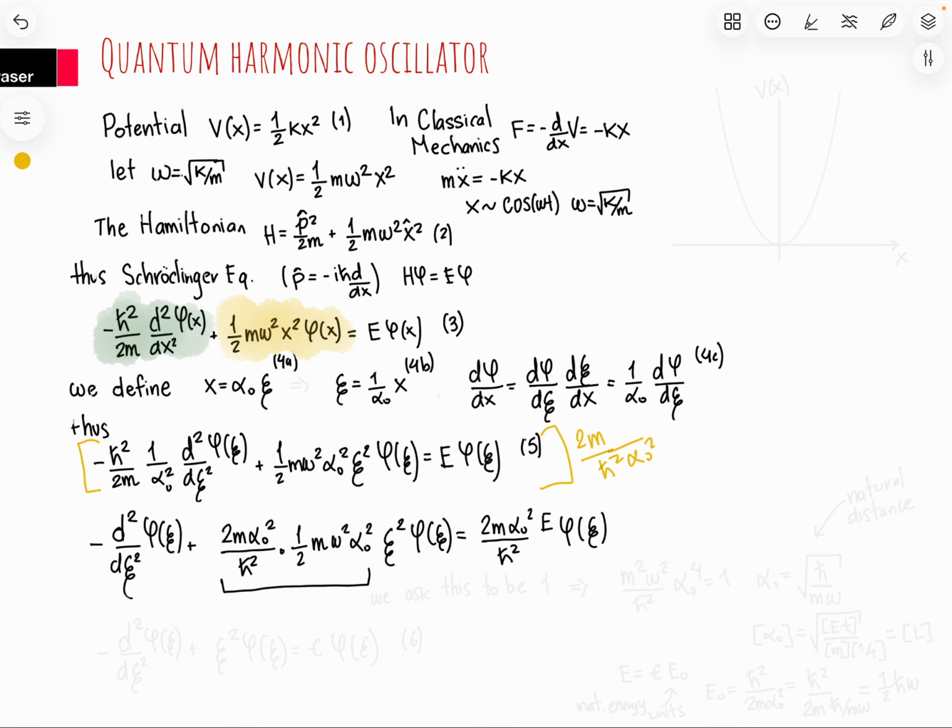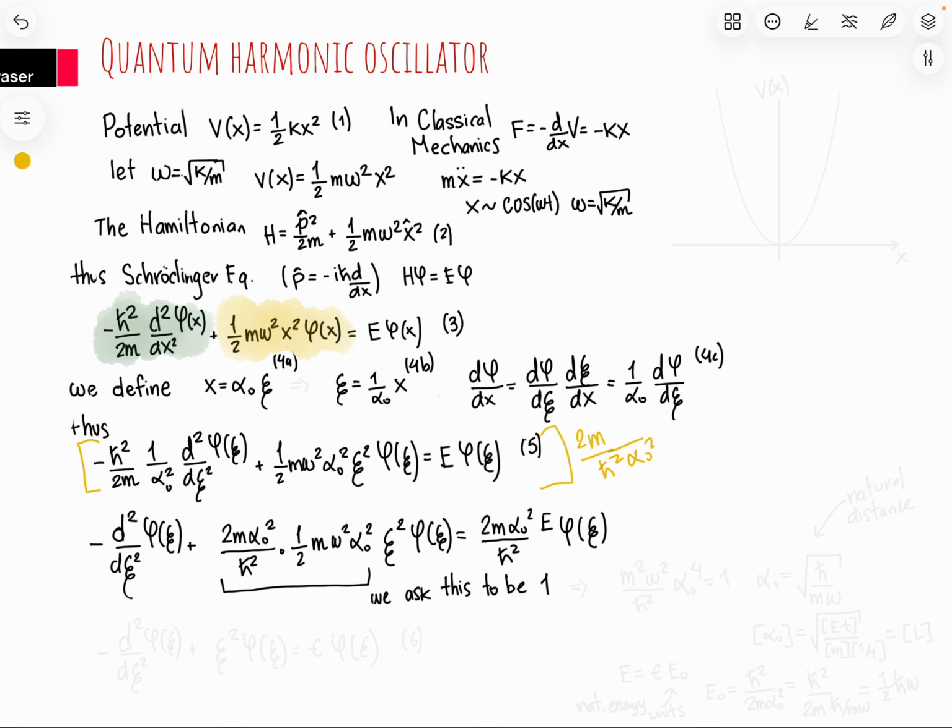Okay, so we can ask for alpha to be any value, and it would be good if it helps us simplify the most complicated term, which is the second one here.